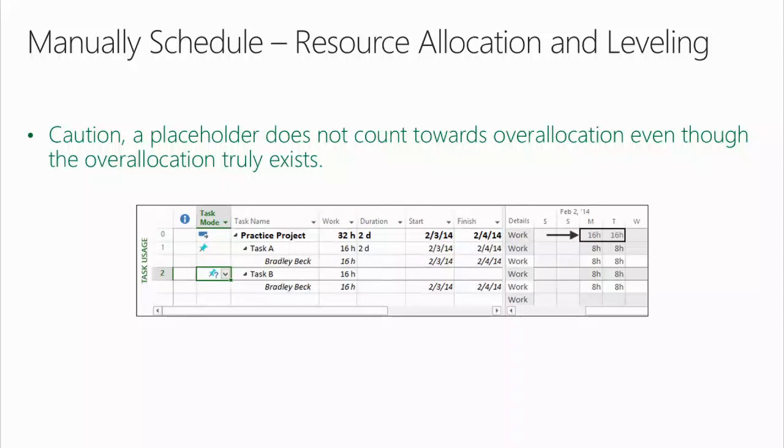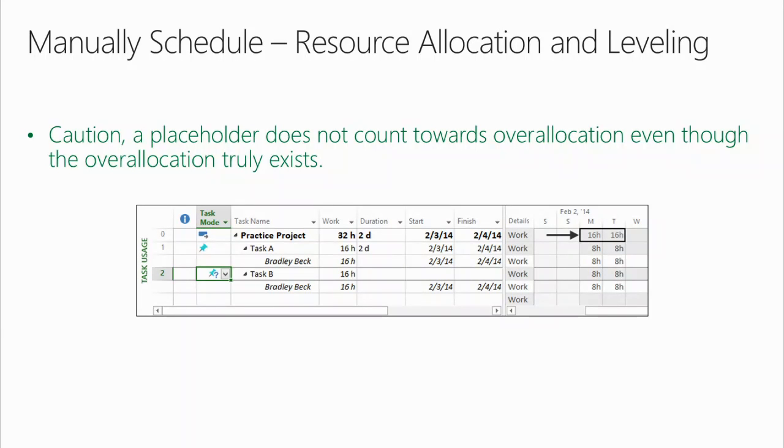Caution. A placeholder does not count towards overallocation, even though the overallocation truly exists. See that? There's 16 hours of work scheduled there each day for Bradley Beck, but there's no red resource overallocation indicator here.